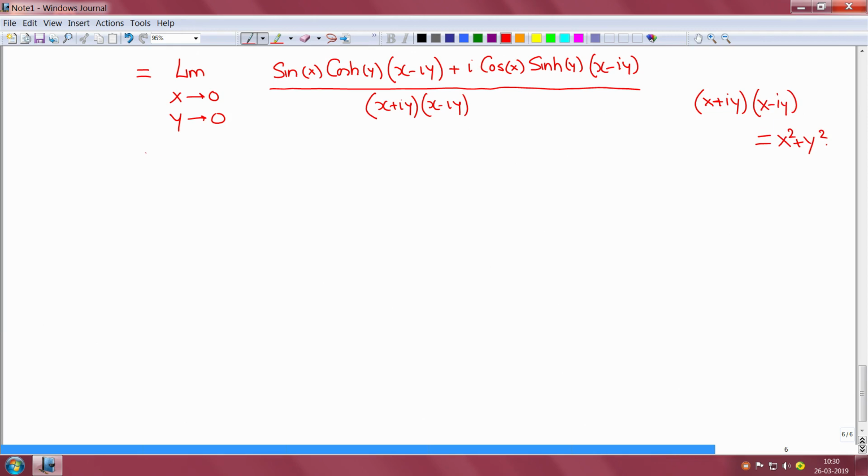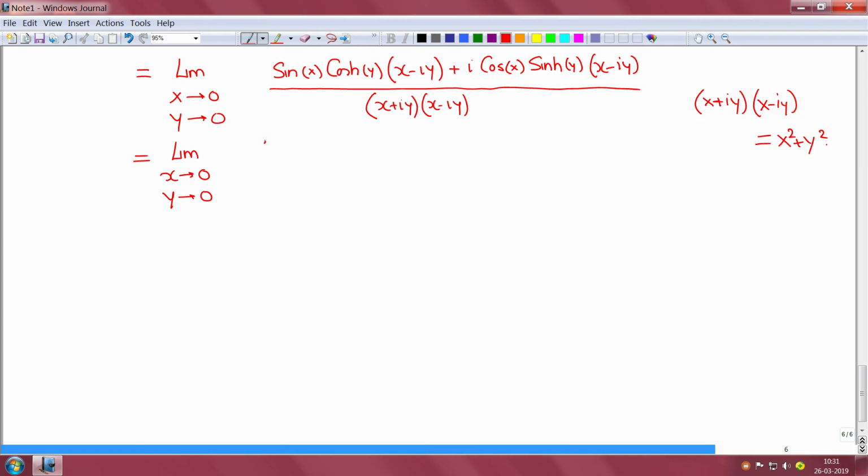Okay. So then we will collect now the real parts and the imaginary parts separately.